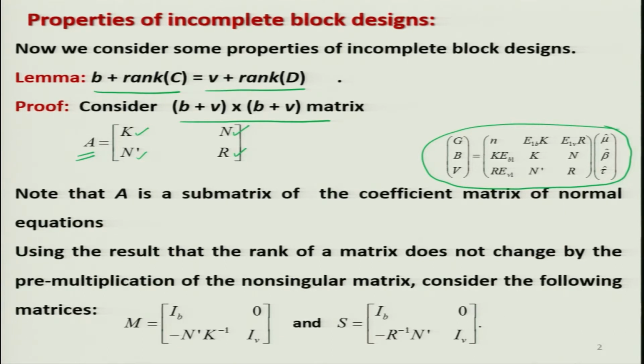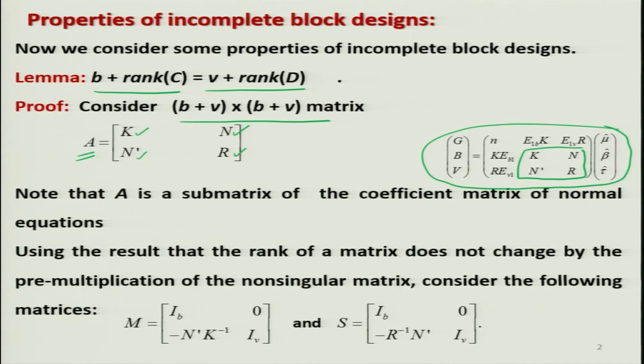This matrix is the coefficient matrix of that normal equation. You should know where we are getting it from, because we have a certain objective which we want to prove, and that is why we consider this matrix.